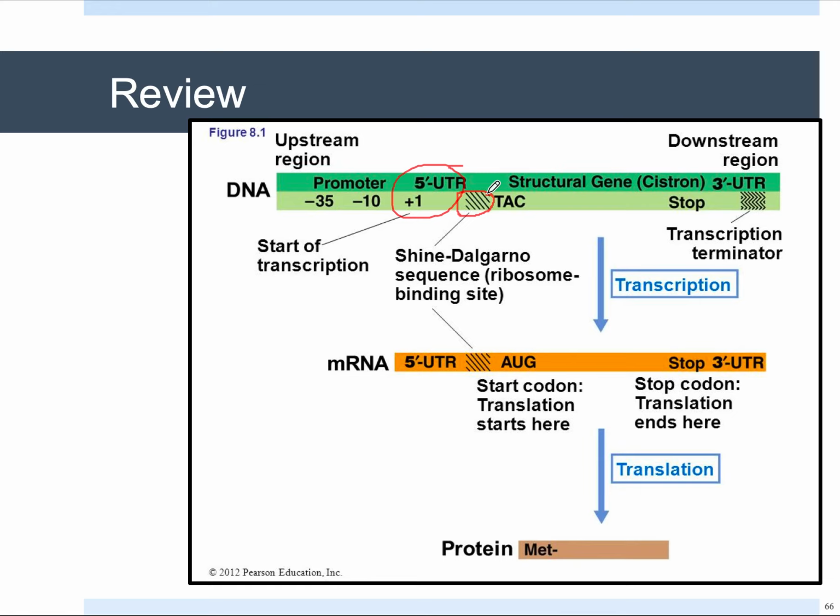So you have sequences there that make it easy for the ribosome to bind to. This sequence will be processed, copied and transmitted to the messenger RNA. And you need this point on the messenger RNA, the Shine-Dalgarno sequence, for the ribosomes to bind, both the smaller and the larger subunits. Okay, so that's something I want to mention there.